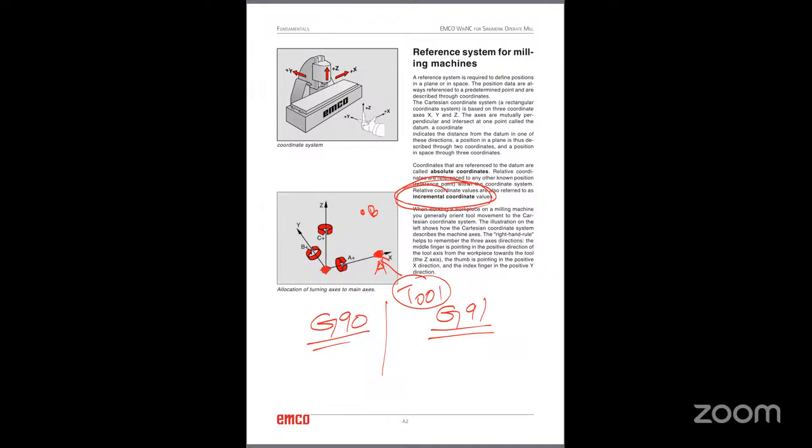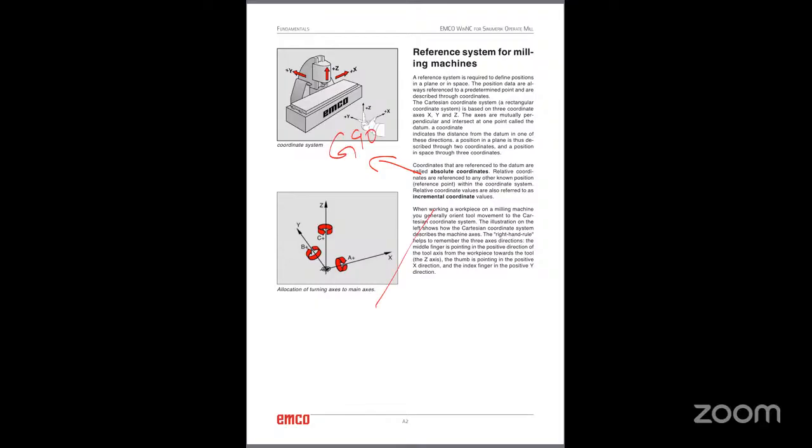What is the current position of the tool? That will be considered in the incremental coordinate system. So remember the code: in absolute coordinate it is G90, and in incremental coordinate system it is G91.